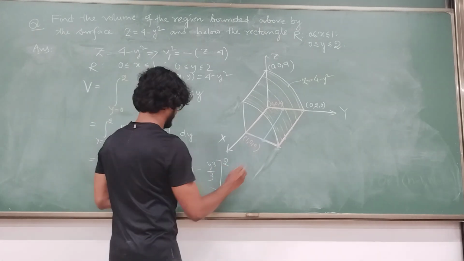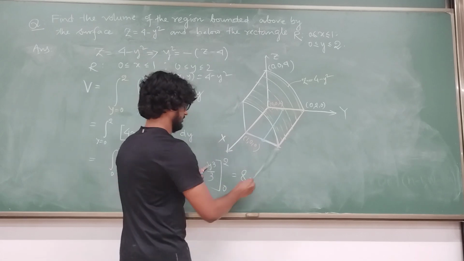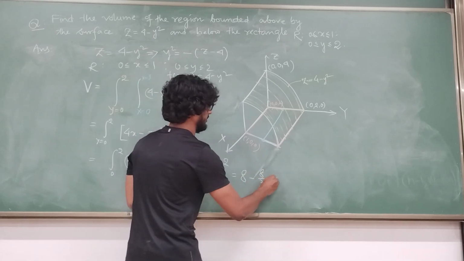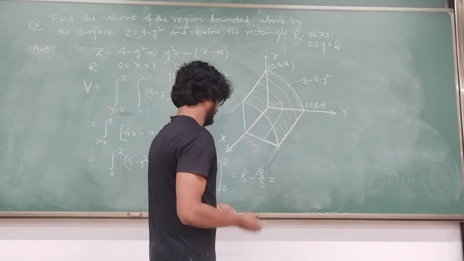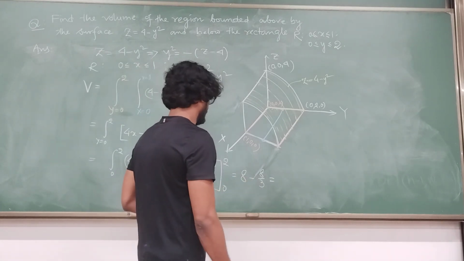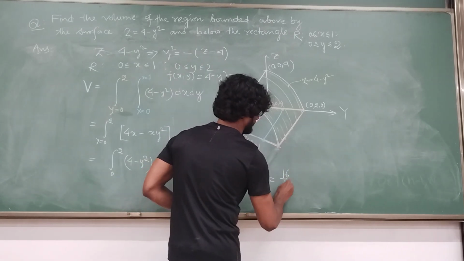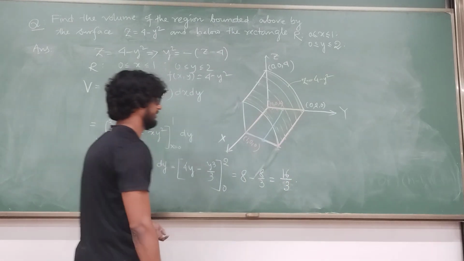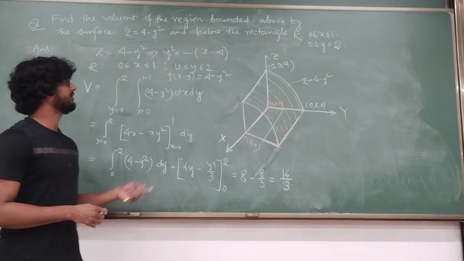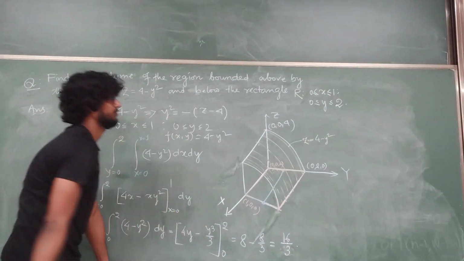That means you are getting 8 minus 8 by 3, which is 24 minus 8 over 3, so 16 by 3. So we'll get the volume of this figure.